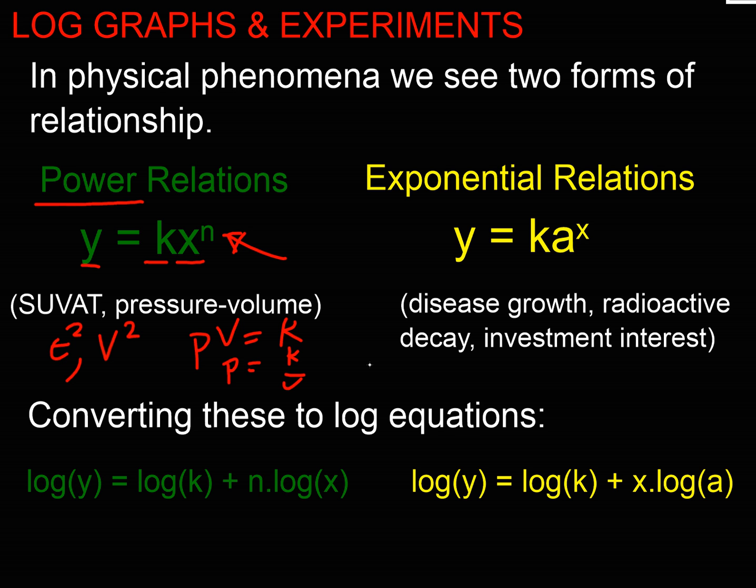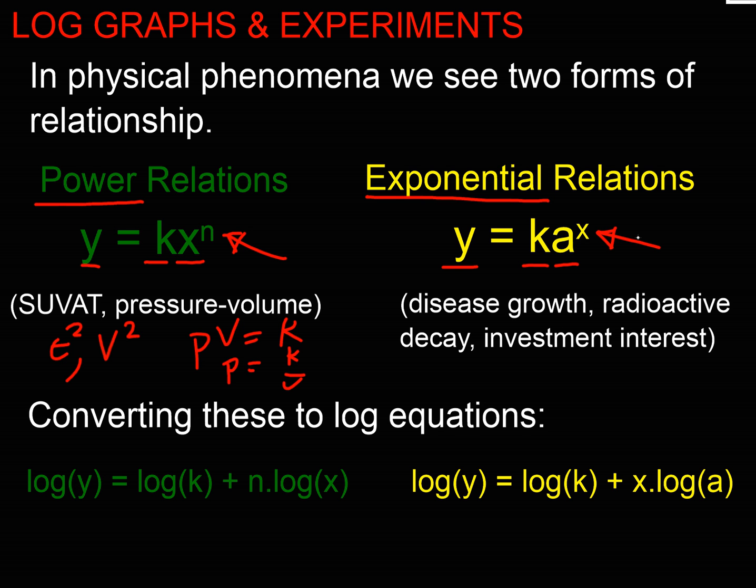So those are the power relationships, and now we've got the exponential relationships. What's the difference here? Well, y equals again some constant multiplier, but now I've got another constant to the power x, because the growth rate or decay rate is proportional to the population at the time.